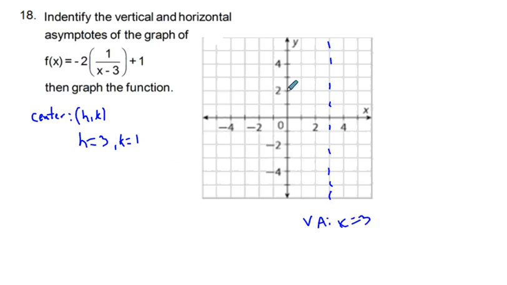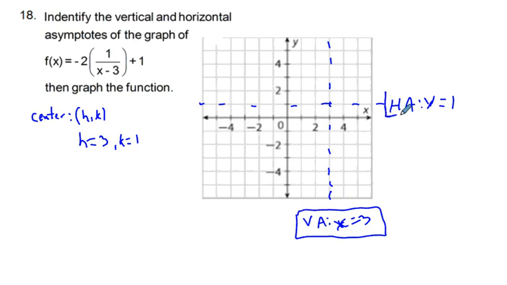And then we have k equals 1, so we got 1 right here. So horizontal asymptote, y is equal to 1. So that's what we have. X equals 3, vertical asymptote. Y equals 1 is our horizontal asymptote.